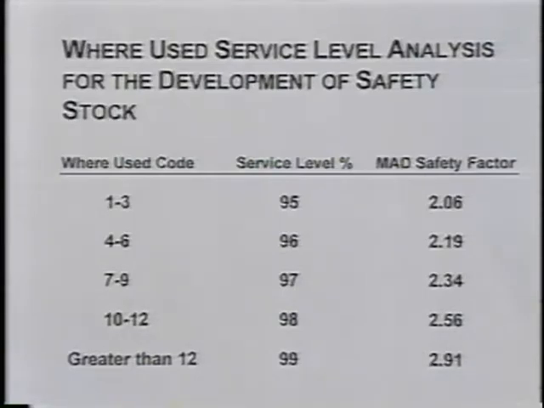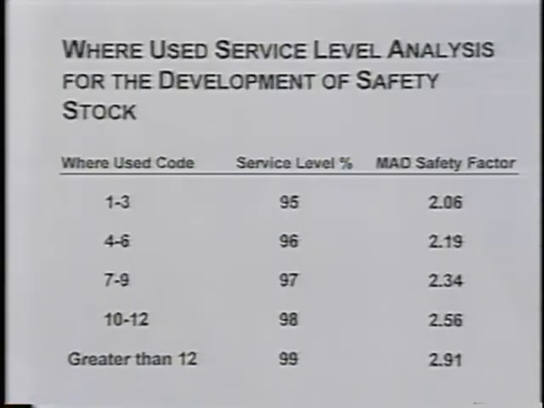The where-use code is the numeric code indicating how many places a spare part is used in. The service level percent is something that management would define. That's the fill rate out of the storeroom for future unplanned requirements. And the safety factor, that is the MAD safety factor, comes from the previous table.